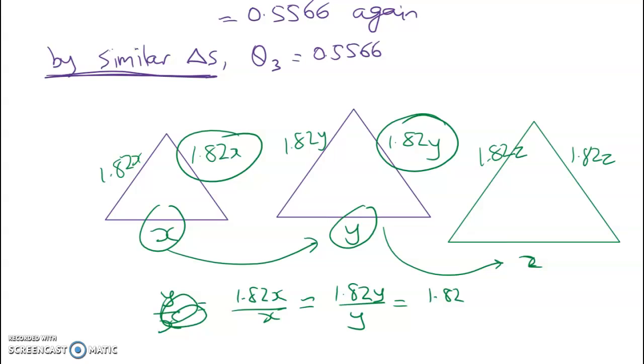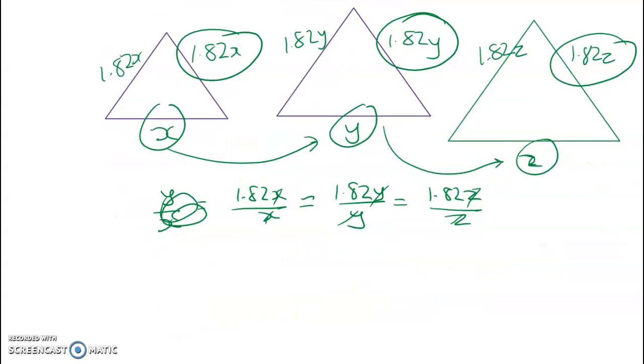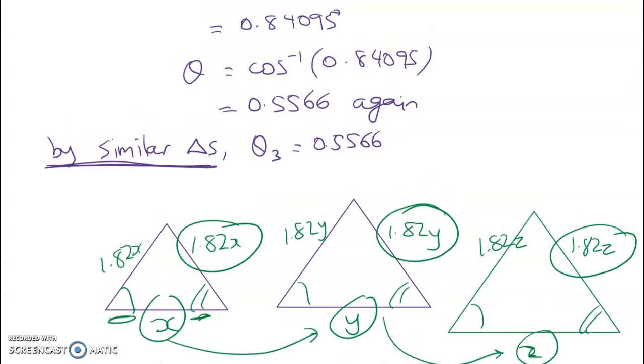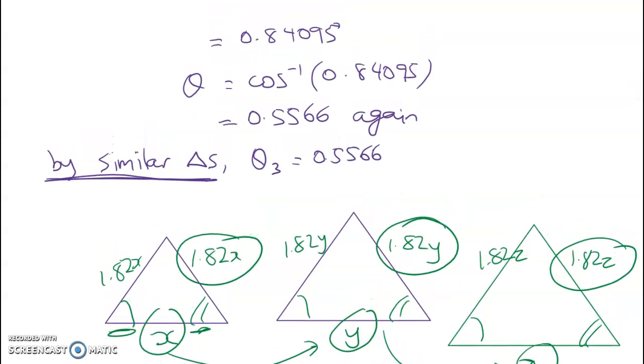And that's the same as this ratio here. In each case, they're equal to 1.82. So the triangle angles must all be identical. So this and this must be the same. This one and this one must be the same. And in fact, because they're isosceles, these two are going to be equal. Anyway, now I'm getting sidetracked, but this is kind of a cool part of the problem, I think.